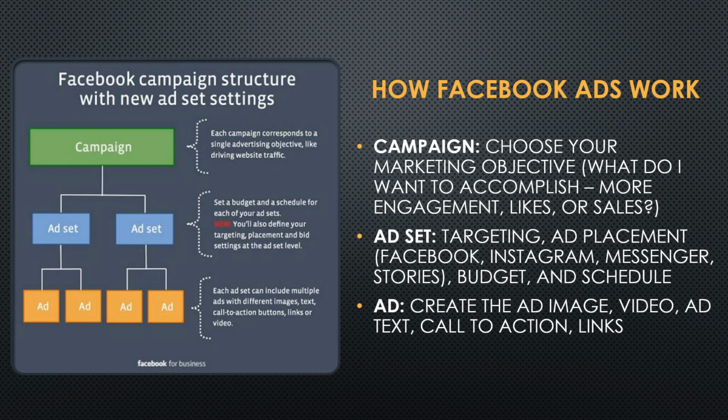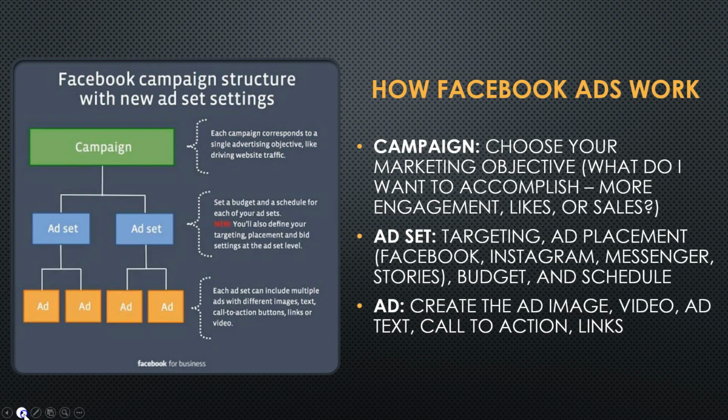And then it is the ad, where we're going to create the image, the video, or the text, the call to action, and links. What I really love about how Facebook developed this is that you're beginning with the end in mind. It's just like a funnel, as you see here on the screen, where we break it down from broad to specific.